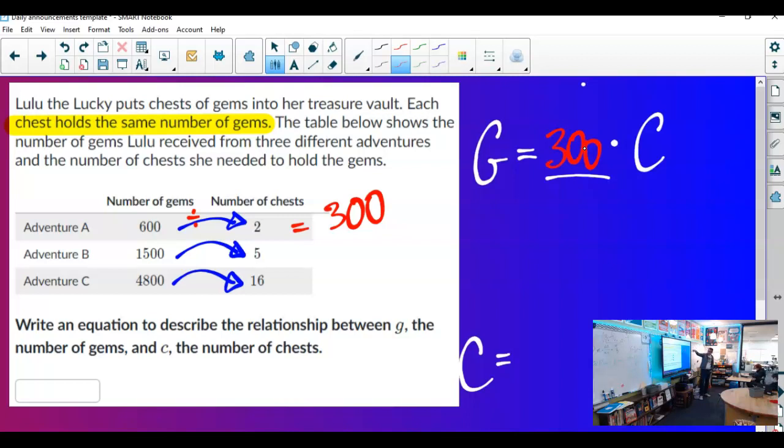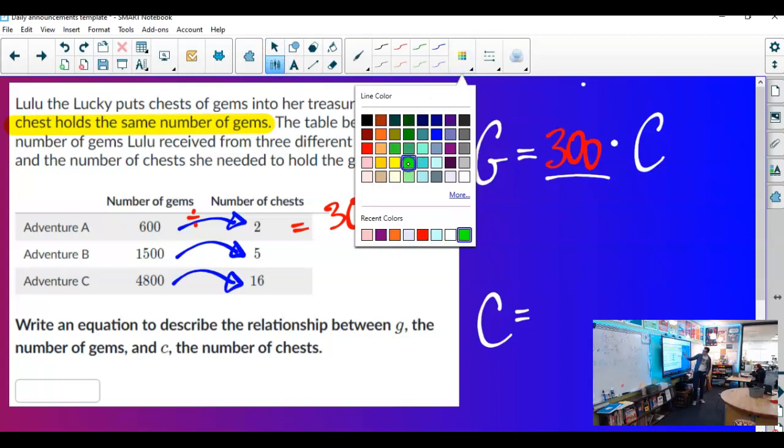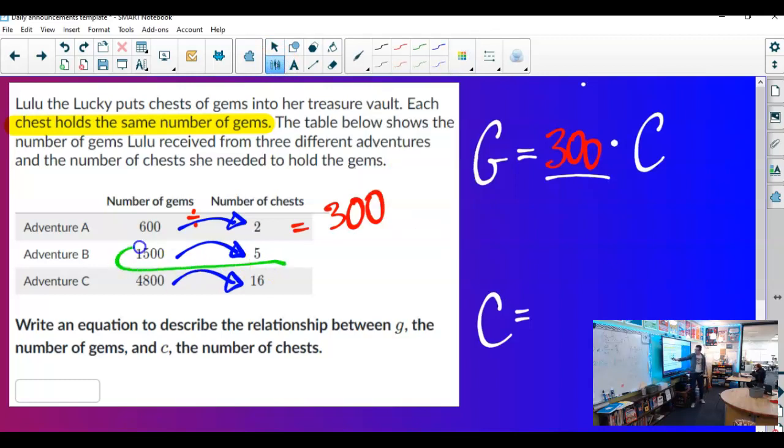Now the other way around though, this gets a bit trickier. What are chests equal to? I'm going to change colors a bit. If I use the 5 over 1500, well, let's do chests compared to gems, because before we did gems compared to chests. Well, what's 5 over 1500?